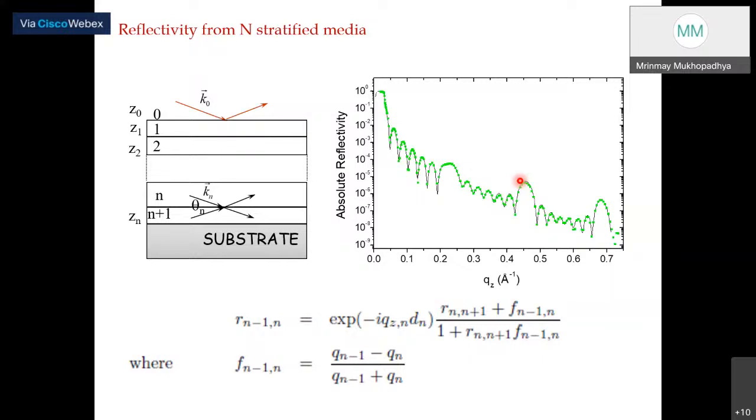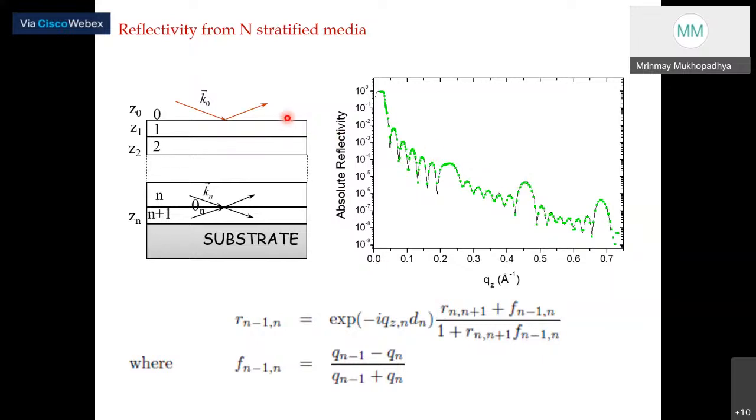These are the three major things you can say about your film, and this information is not easily available from any other technique. That's basically the advantage of X-ray or neutron reflectivity. I'll show you those applications, then you can understand better how these techniques are used to understand the material.